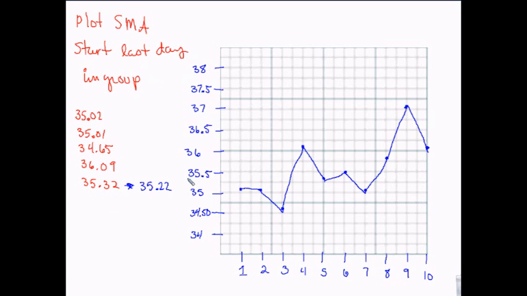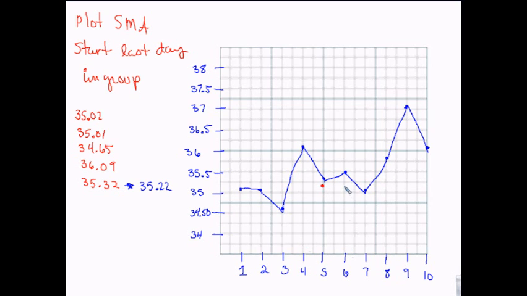Yes, SMA, simple moving average. We did the regular graph in blue, so I'm going to do the simple moving average in red. Red's good. So I start with day 5 to plot my first one, which is 35.22. Here's 35.25, so I'm just a little bit below there.